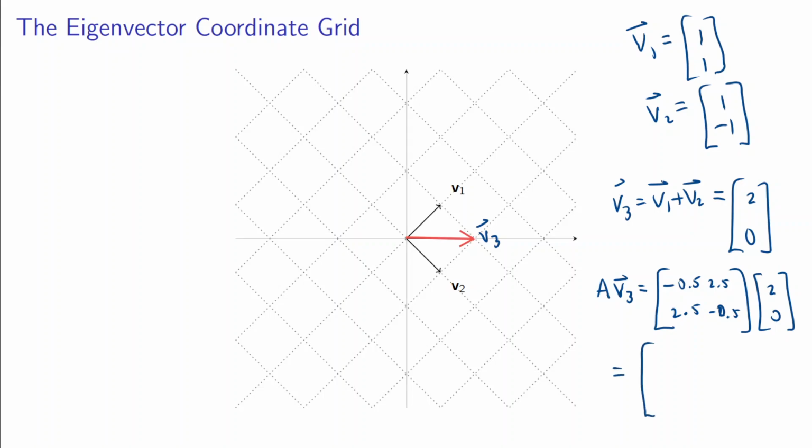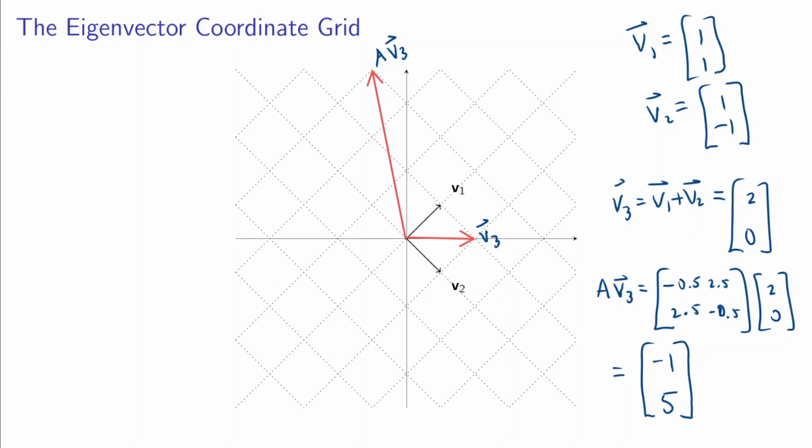When we do this math out, we get negative 1, 5. On this grid, negative 1 would get us to here, and then 5 right up to here. All right, so this is Av3.